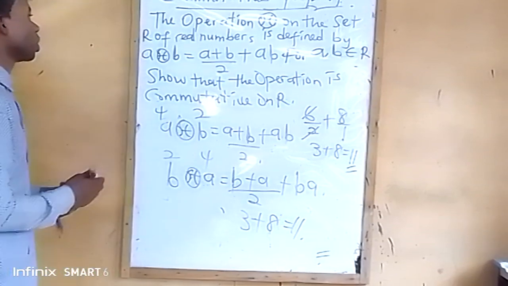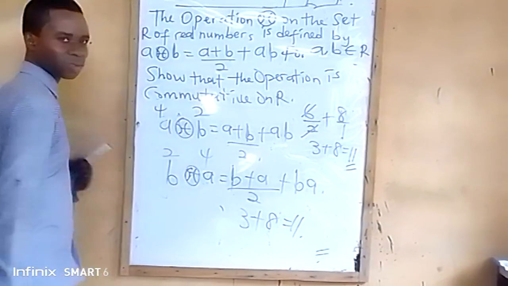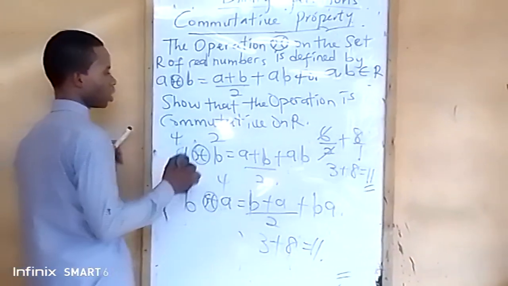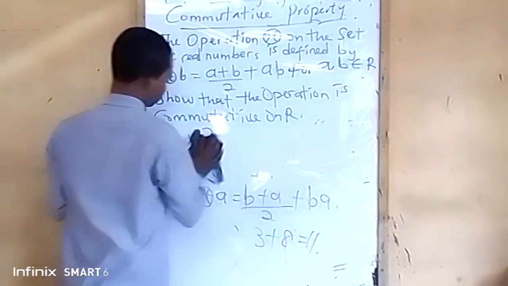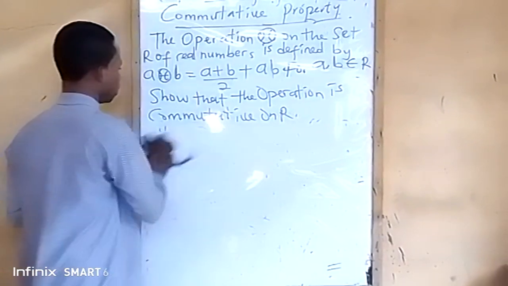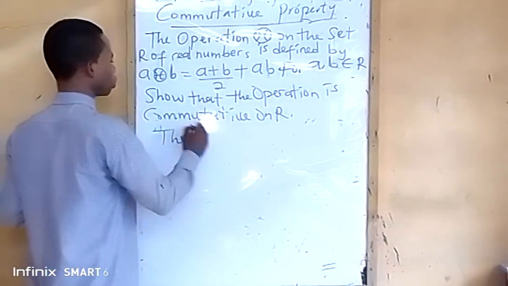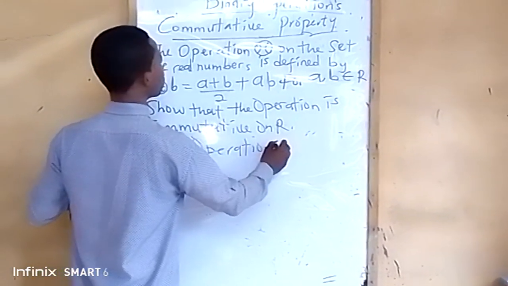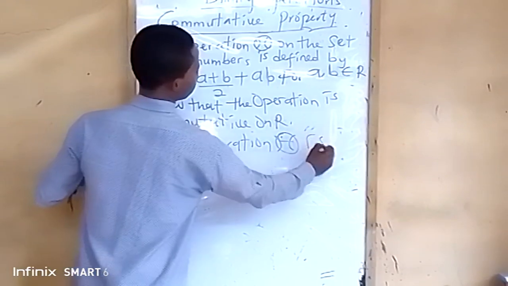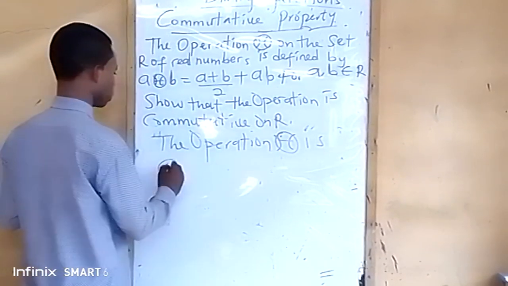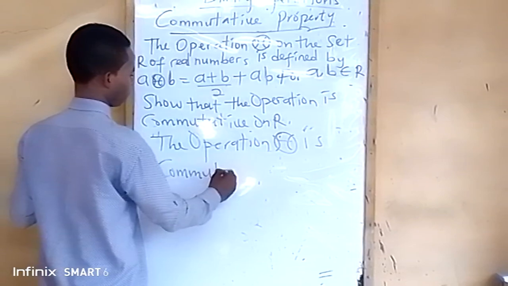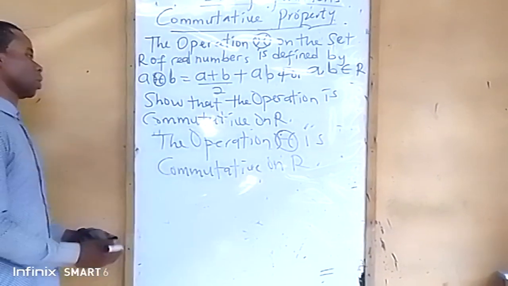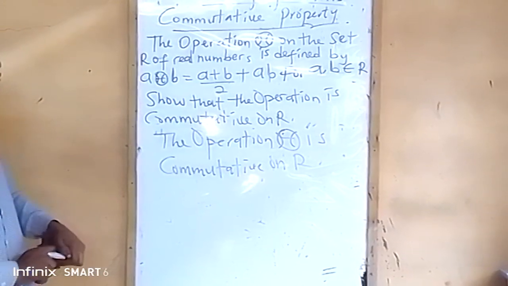They ask us to show that the operation is commutative on R. Yes, the operation circle is commutative on R, because they are the same.